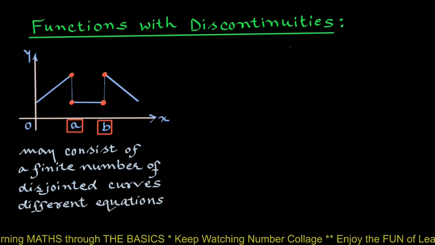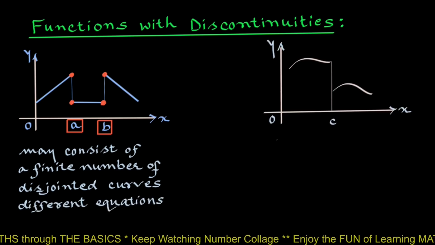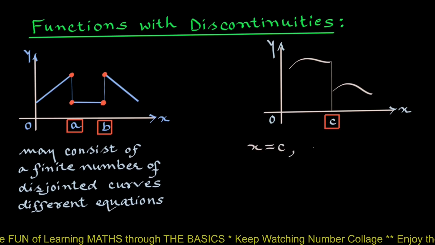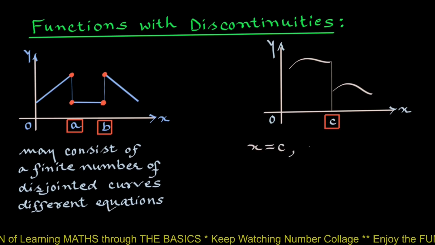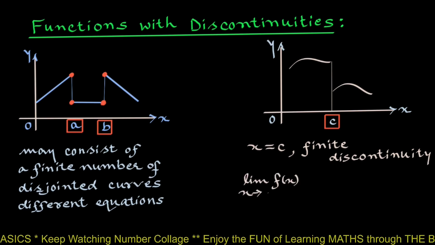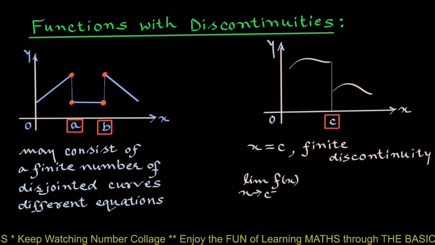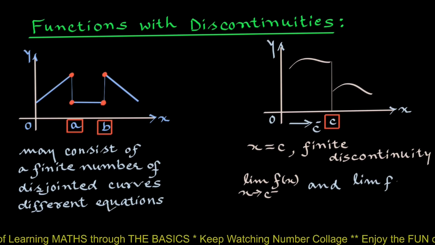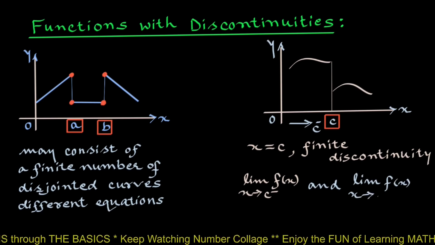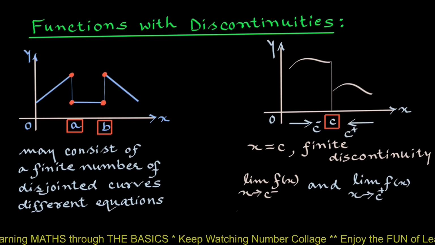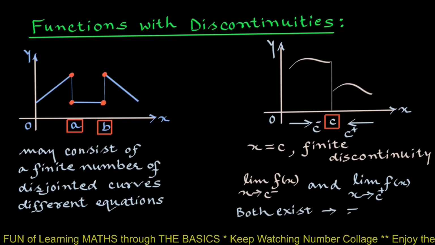In another graph of a function, if x equals c is a point of finite discontinuity, both the limits of f(x) as x tends to c minus and limit f(x) as x tends to c plus both exist but not equal to f(c).